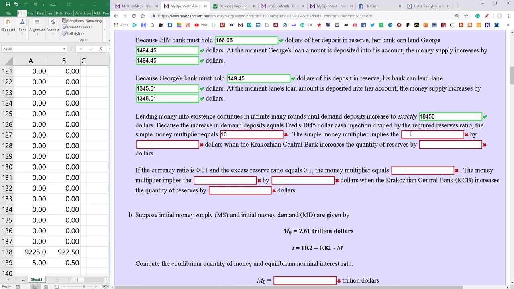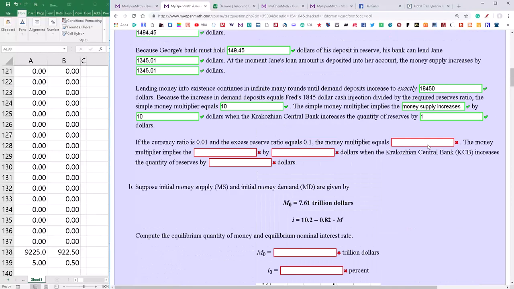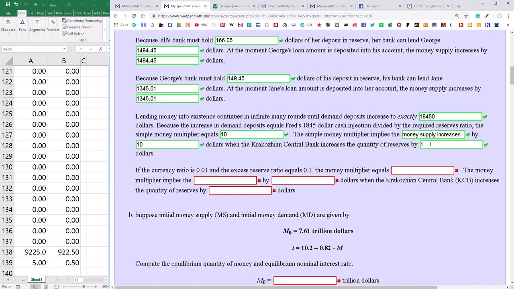The simple money multiplier implies the money supply, let me type that in, increases by 10 when the Central Bank increases the quantity of reserves by $1. Let's go ahead and enter. Okay. And that's because the reserve required ratio is 10%.